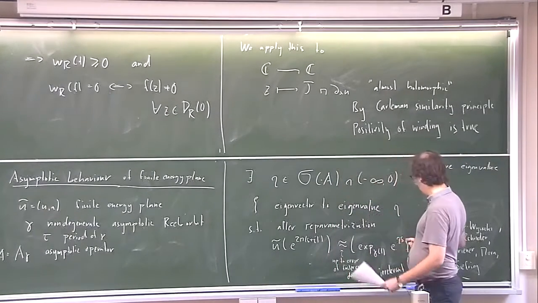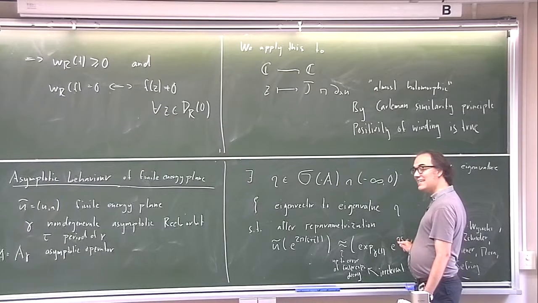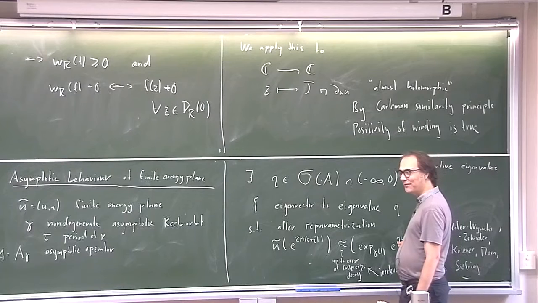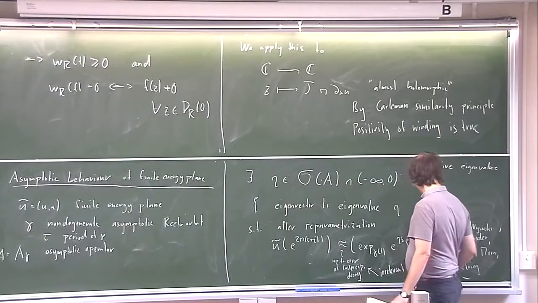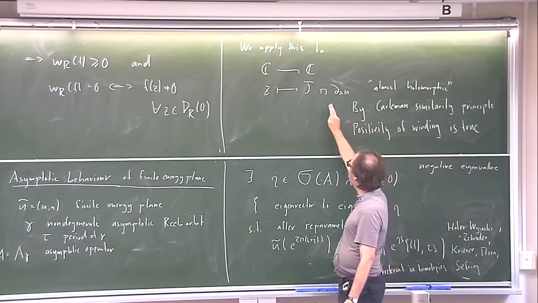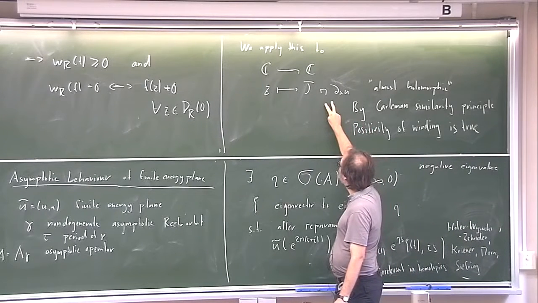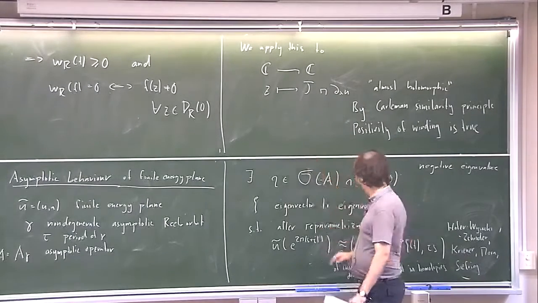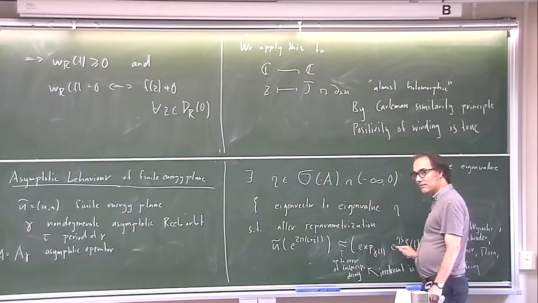We can also compute it because this eta now also has a winding number. This is what we did on Monday. We associated to the eigenvalue a winding number, so we can relate the winding number of this for big R with the winding number of eta.